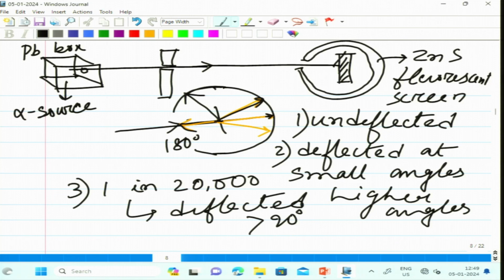These were the observations of the Rutherford alpha scattering experiment.